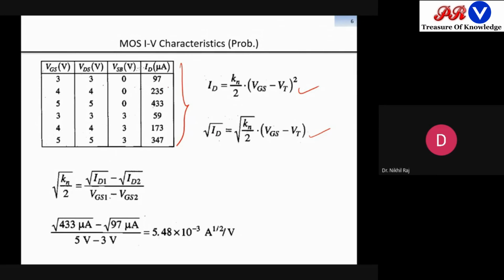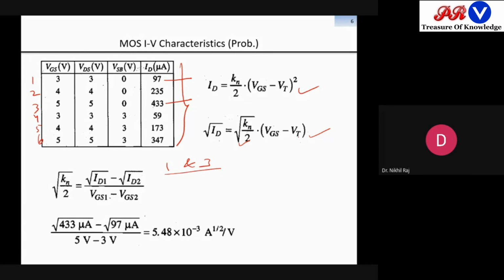Now we have to compare two equations. They have compared this and this, 1 and 3, if this is 1, 2, 3, 4, 5, 6. So comparing 1 and 3 and taking the ratio, you will get Kn by 2 and VGS minus Vt.